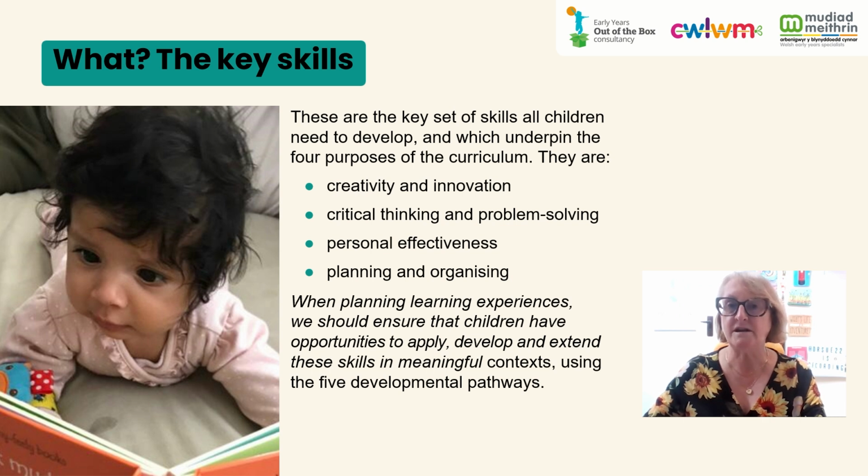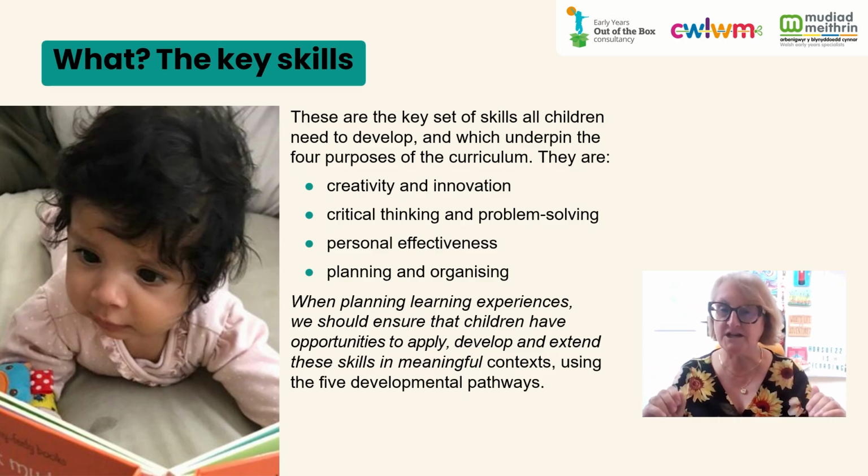In previous slides, I showed you a picture of a little girl called Eva with her wooden peg dolls, who was potentially demonstrating mathematical concepts, literacy concepts, problem solving. Now in this picture, we have a very young little girl who's already showing us that she's understanding literacy.